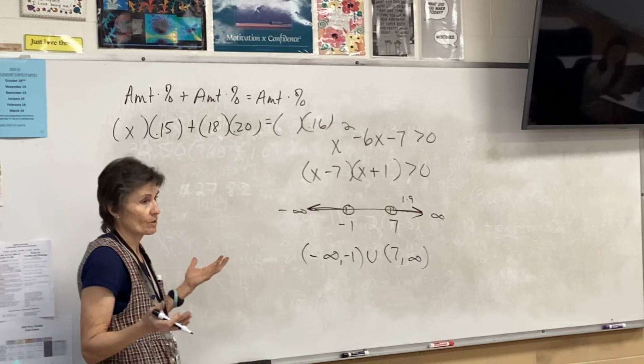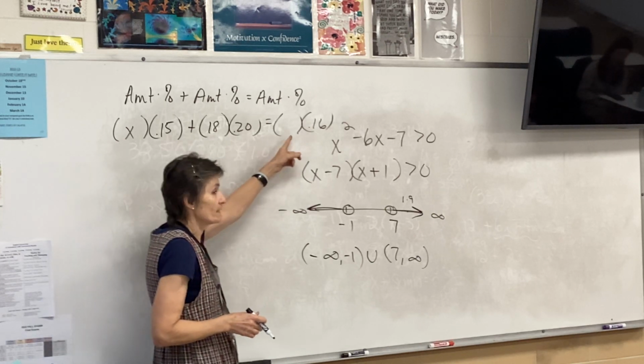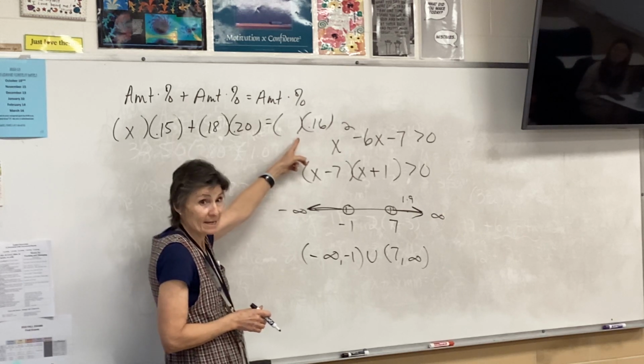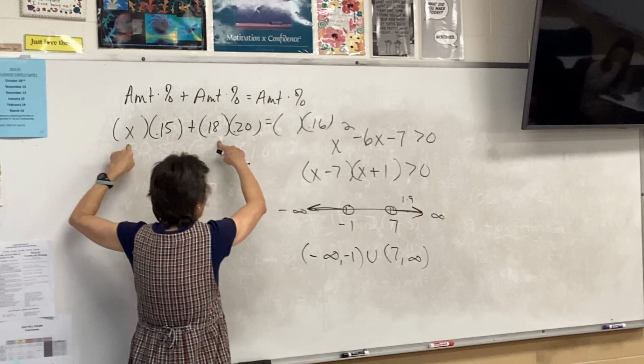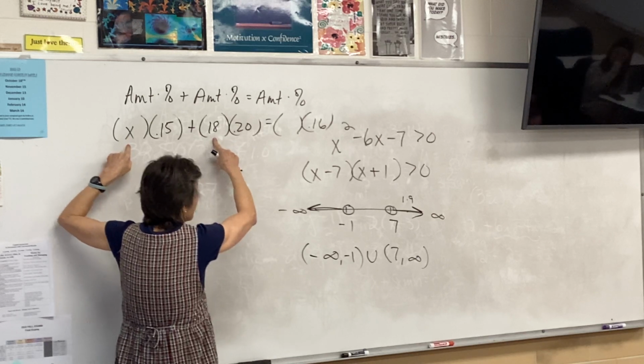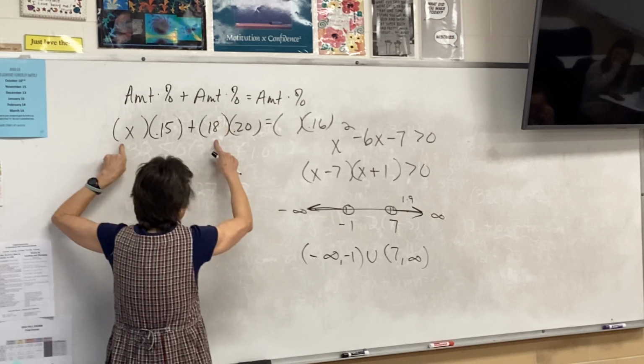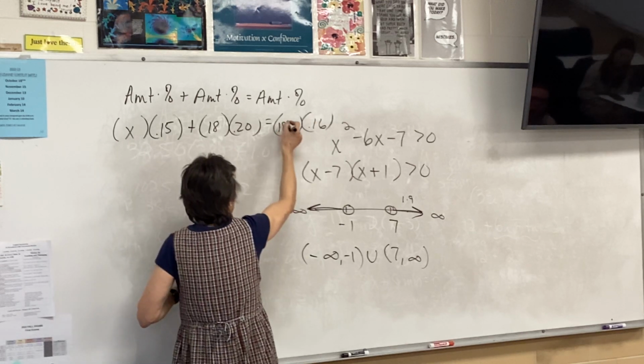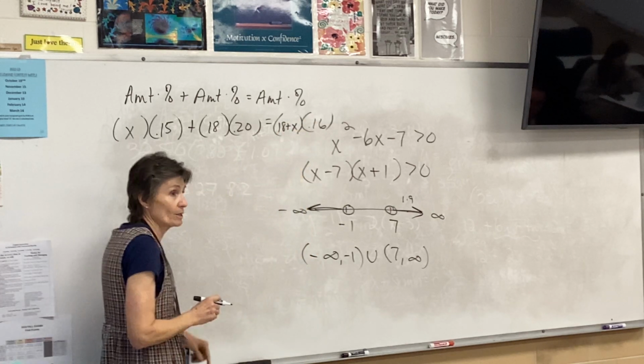There's always one extra. When it's over here, I fill it in by adding these two amounts. Aren't I adding these two to get that one? So that's going to be 18 plus X or X plus 18, whatever order you want to do it.